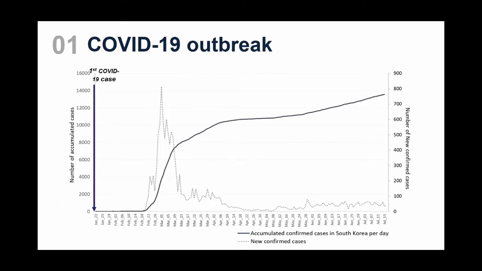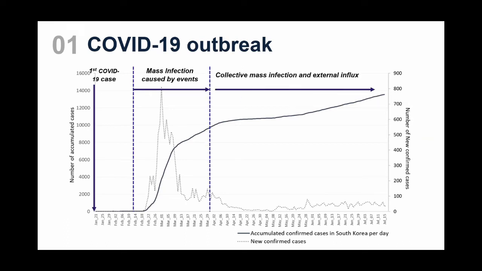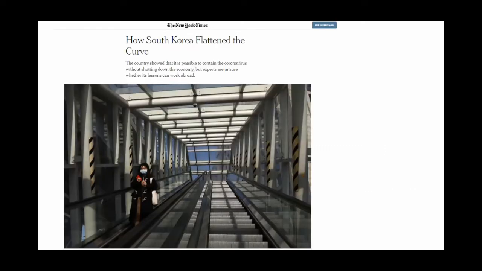So let me first introduce you to the COVID-19 outbreak in South Korea. The first case was recorded on January 19th. And then we had continual mass infection and other small collective infections caused by internal movements and external influx. South Korea has been lauded for a successful management of the COVID-19 crisis.